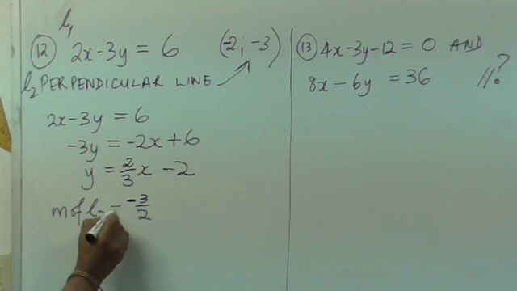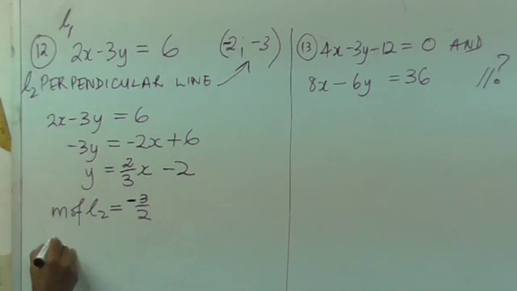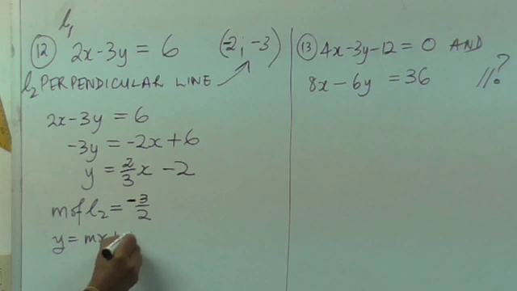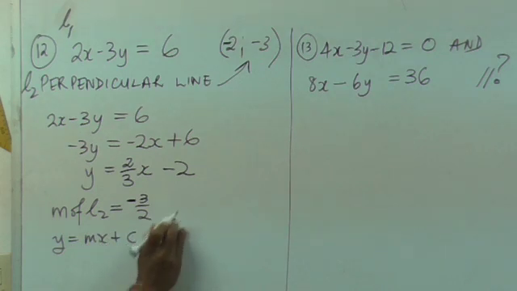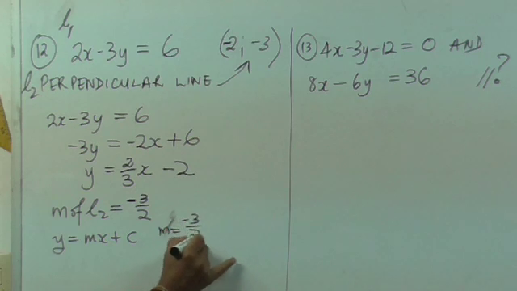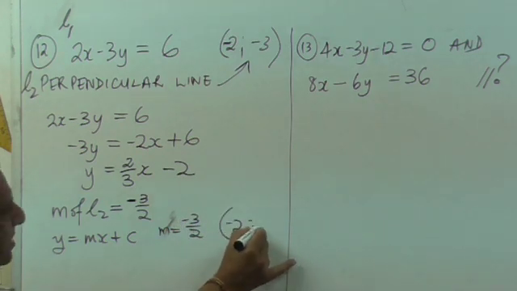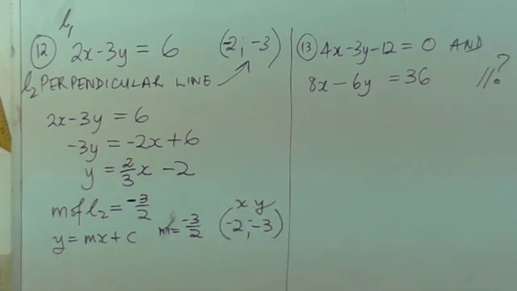Alright, so now the next thing is we want to find c. So we take y is equal to mx plus c, and in this we're going to put m equal to negative 3 over 2, and we're going to take the point negative 2, negative 3, that will be x, that will be y. Now, when we're substituting, y is negative 3, m is negative 3 over 2, into x, which is negative 2, plus c.